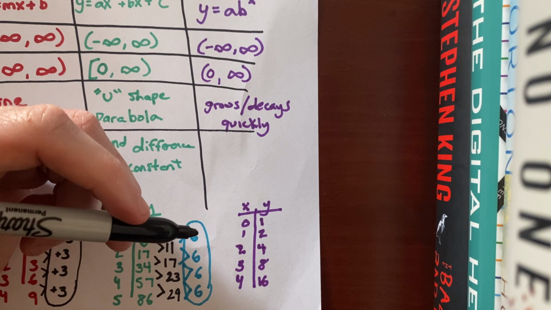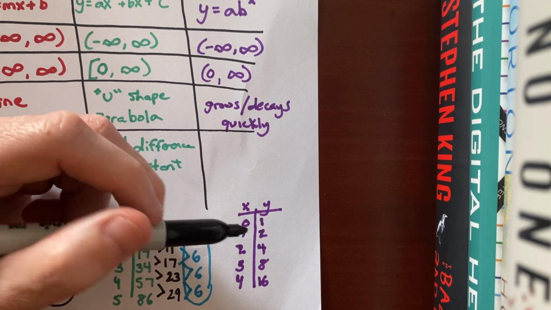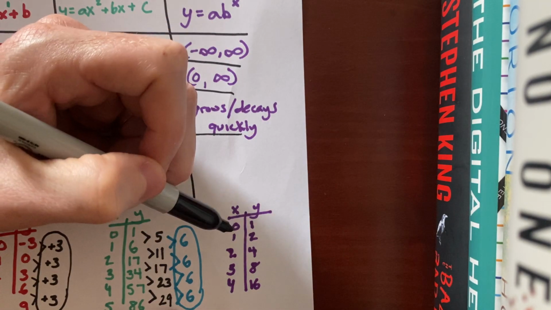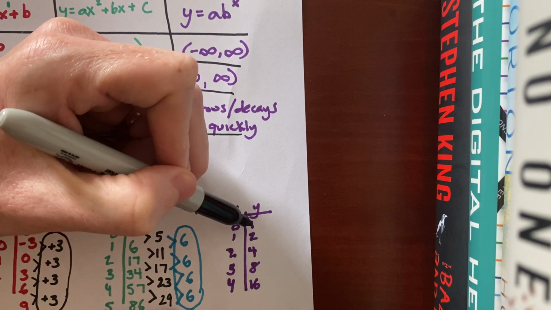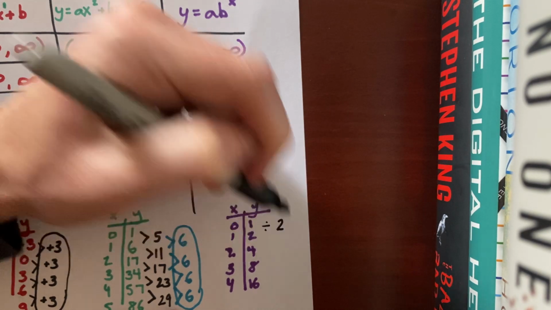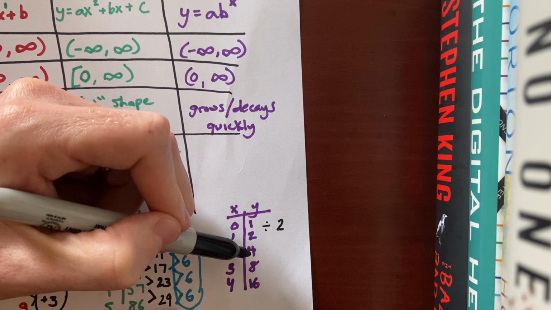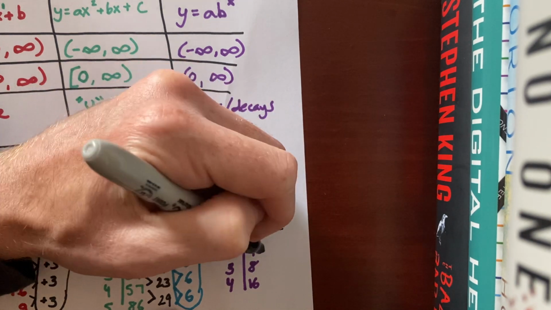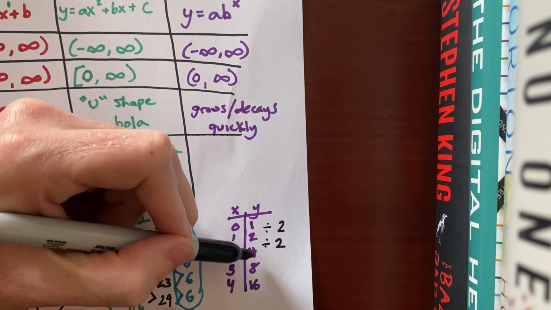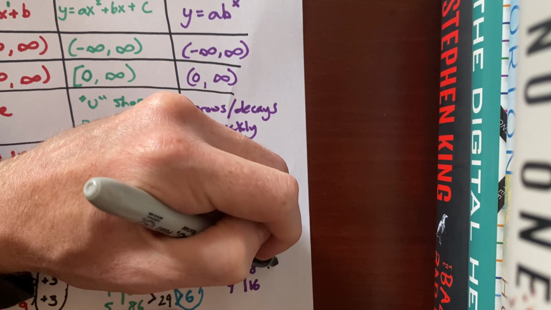The way that we check to see if it is an exponential function is by looking at the ratio. So what I'm going to do is take 2 and divide it by 1. 2 divided by 1 is a 2. Then I'm going to take 4 and divide it by 2, and that gives me a 2. I'm going to take 8 and divide it by 4, and that gives me a 2.